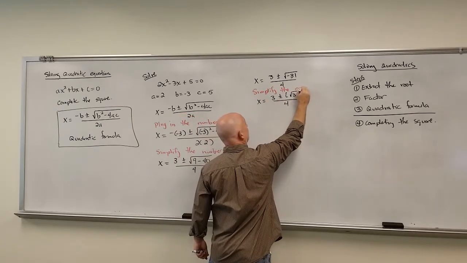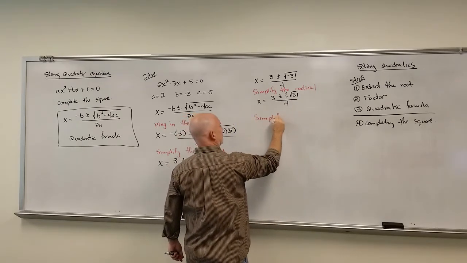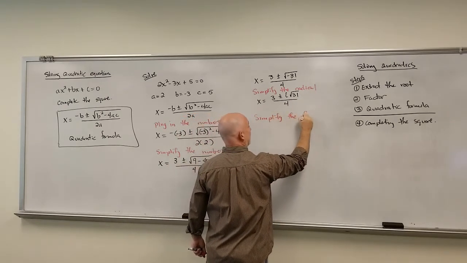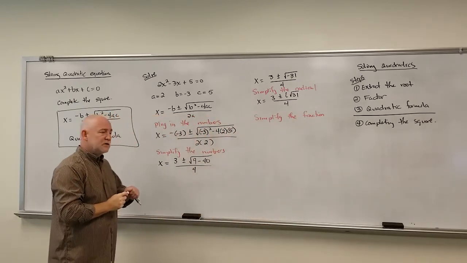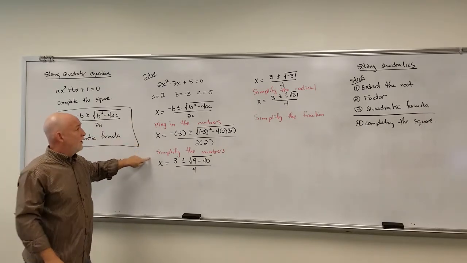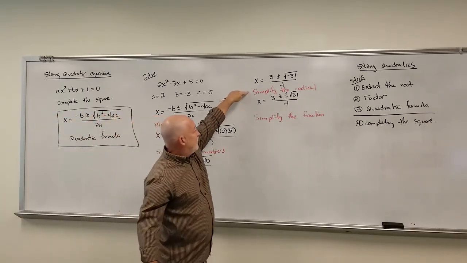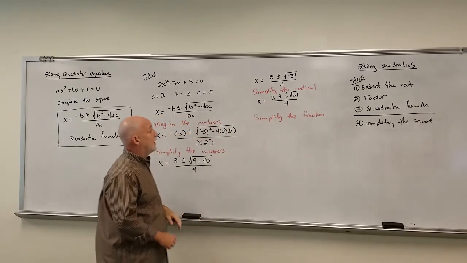Simplify the radical. And then the last step that we didn't end up doing here is simplify the fraction. Not really steps, because really we're just simplifying an expression here, but you're always just going to plug in your numbers, simplify all those numbers, simplify the radical, and the last step, which again we didn't have to do on this one, was simplify the fraction.